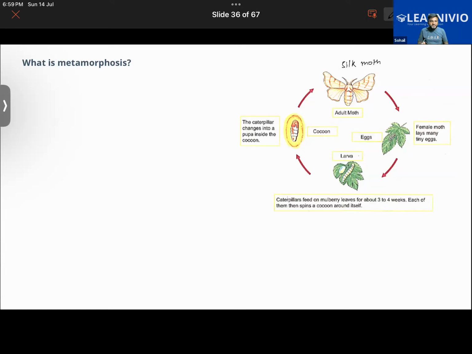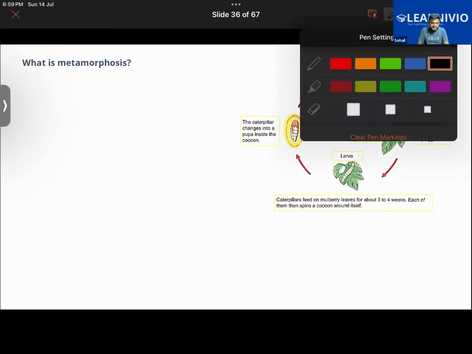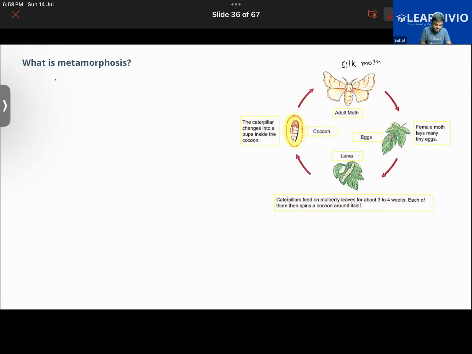So metamorphosis, we say, is a biological process through which an organism transforms from one form to another. What did I say? That it is a biological change.